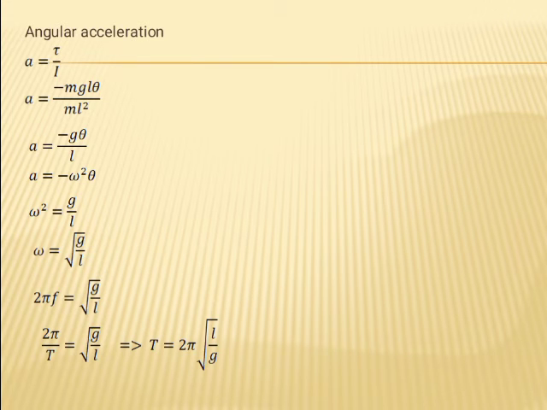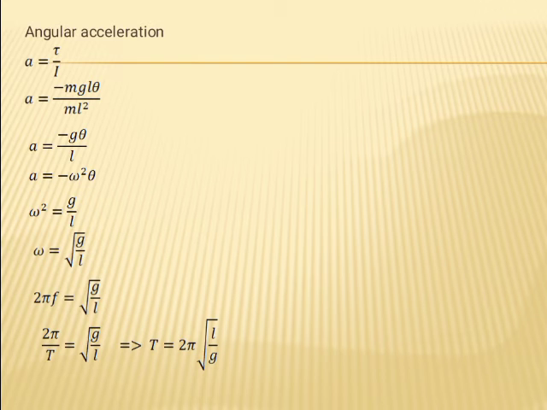And later on, to get the time period t, I have rearranged my equation, and I would get t is equal to 2 pi root l by g, where l is the length. Okay, so if I consider this equation, this is your time period for oscillation of a simple pendulum.